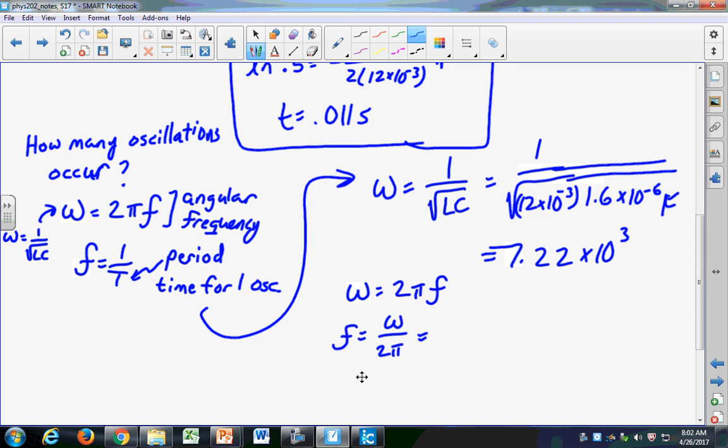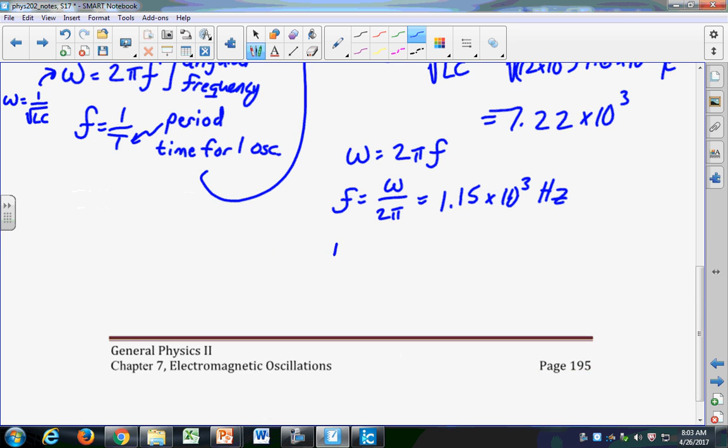And I get 1.15 times 10 to the third hertz. That tells me the frequency, that is 1 over seconds, for that particular oscillation. And now to find the period, it's 1 over the frequency. So just take the inverse of that, and I get 8.7 times 10 to the minus 4 seconds. This is the time for one oscillation.